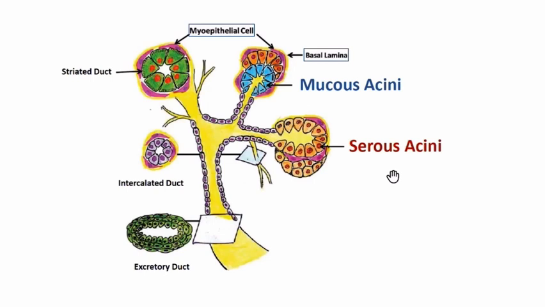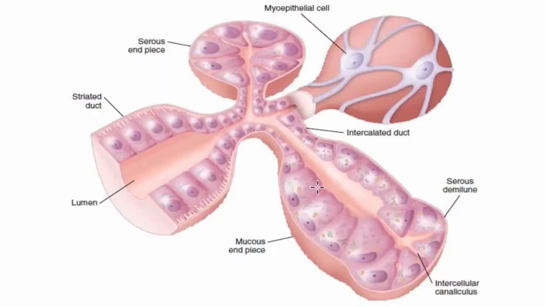Parasympathetic stimulation is usually for food, and sympathetic stimulation produces a small amount of mucus saliva. This is mostly it.